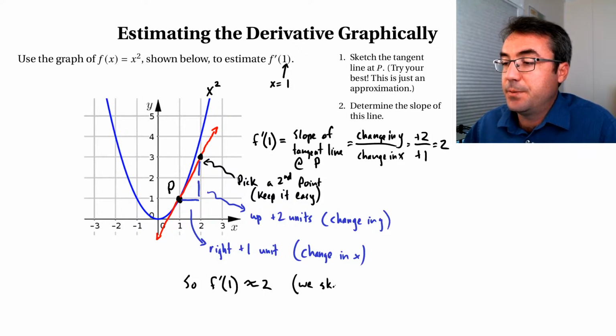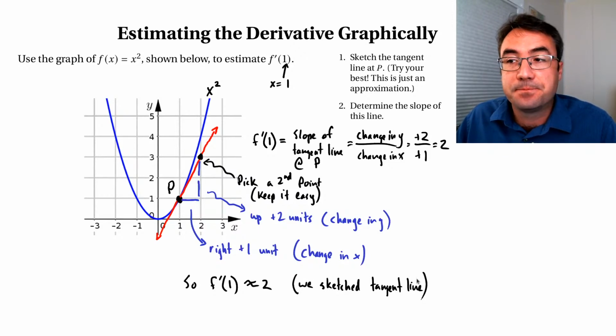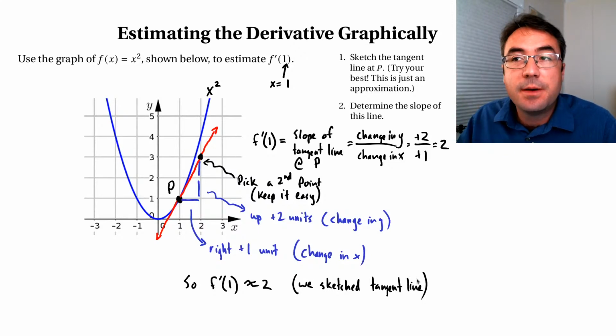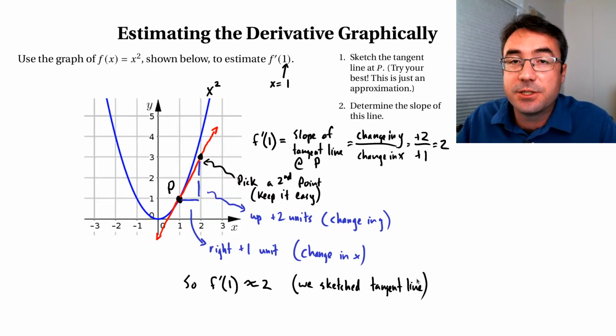The reason is that we just sketched in what we thought the tangent line would look like, and then estimated the slope of that line. So we might have been off in our sketch, but that's okay. This is just how we would estimate the slope of our tangent line graphically.